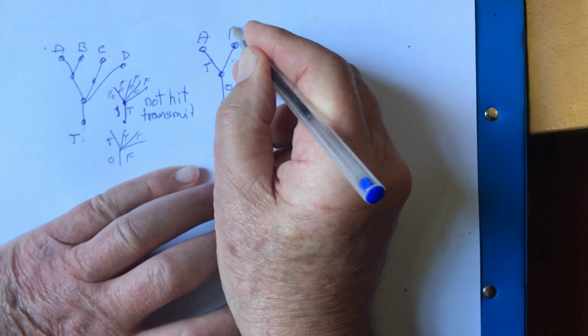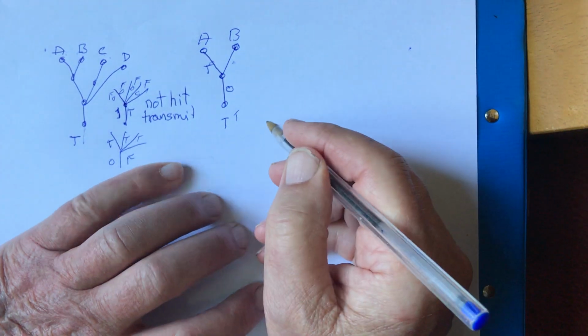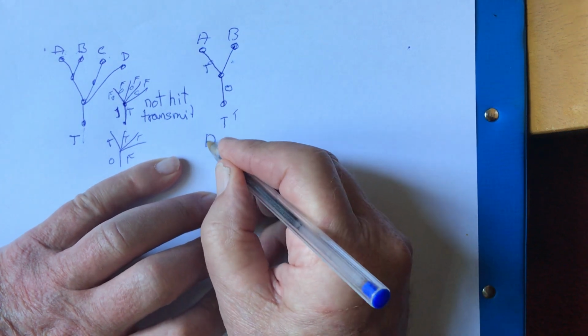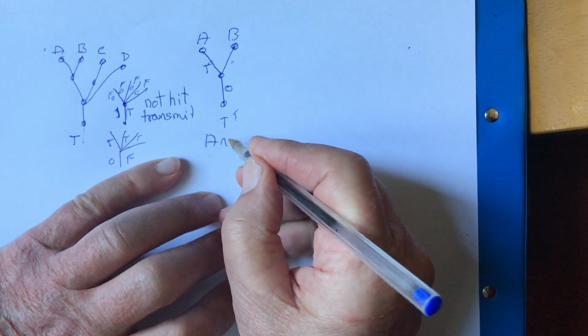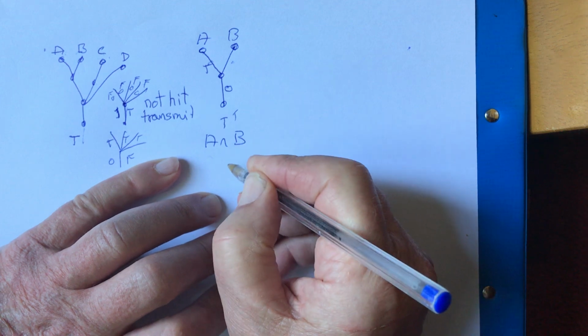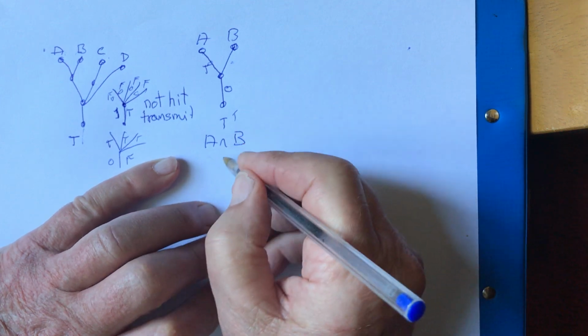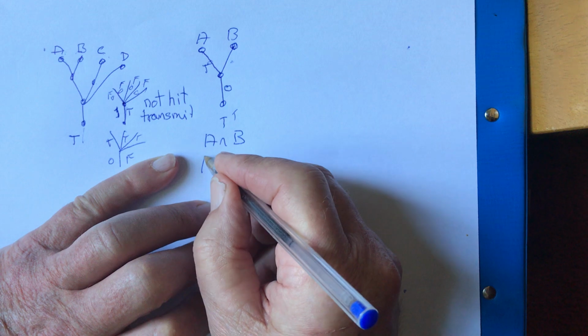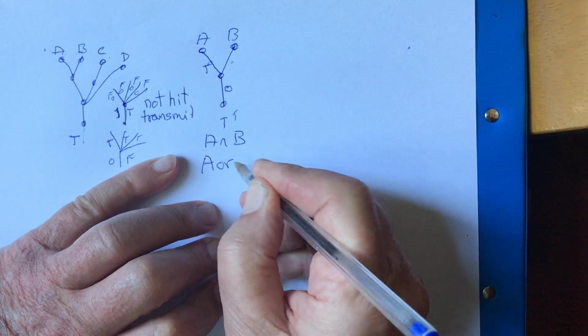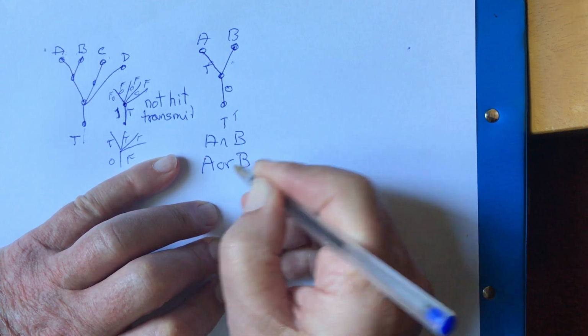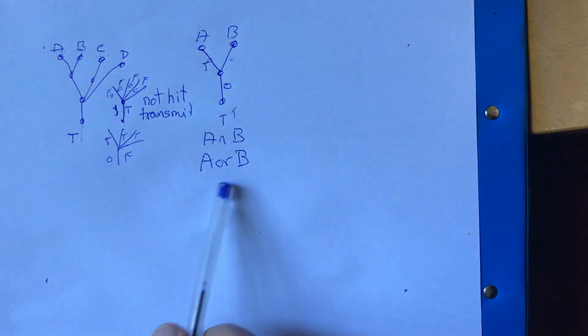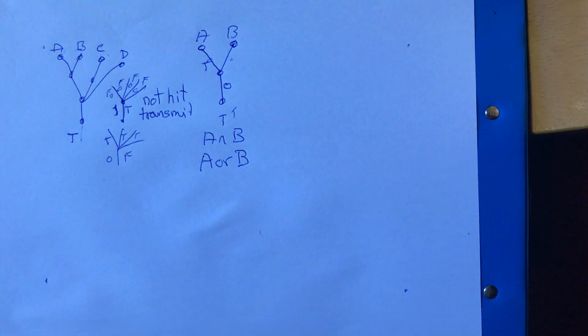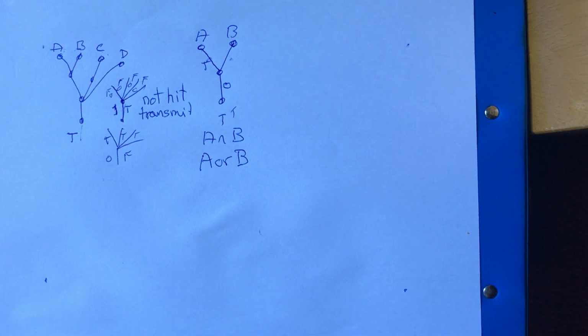So it's telling us that A or B is true. So this tree is the tree for the logical statement A or B, which we use this symbol to shorten the or. Now, when I say A or B, I include both A and B. It's not the exclusive or, it's the inclusive or.